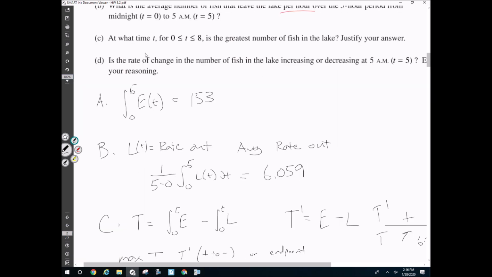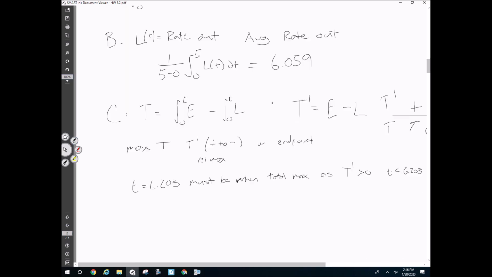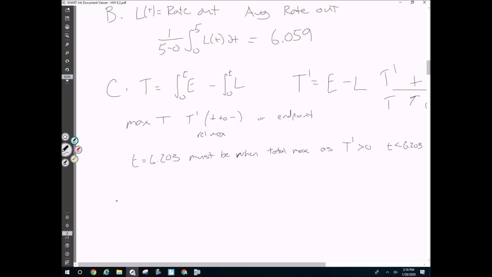It's not asking you, is the number of fish increasing or decreasing? That's very important. It's not, is the total increasing or decreasing? They're asking, is the rate of change increasing or decreasing? This is very tricky.